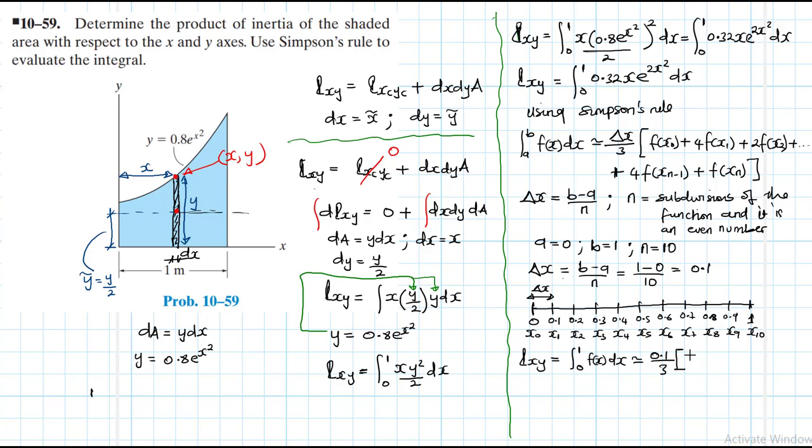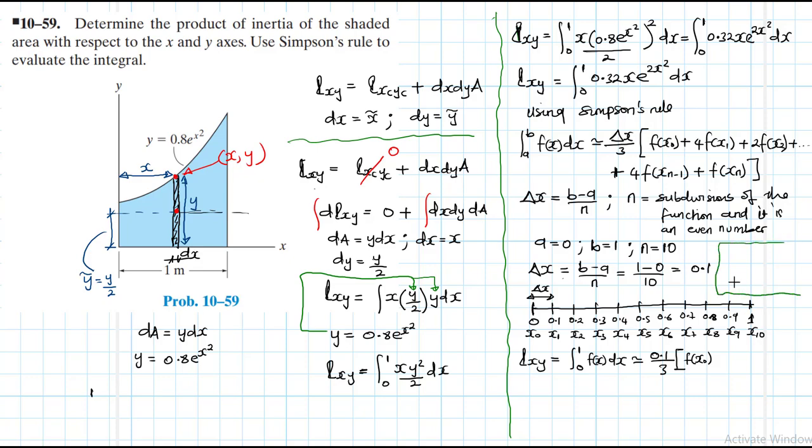Okay. Then we have f of x0. Okay, x0 we said is 0. The function itself, what's the function? Let me write it here. Let me just get a space here.